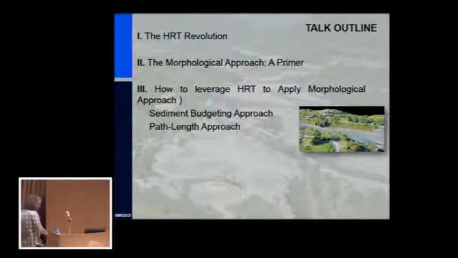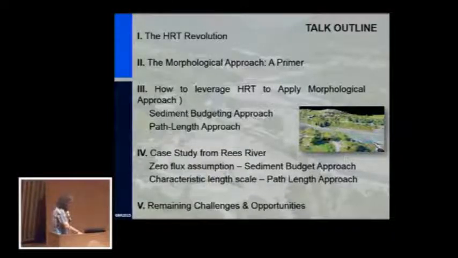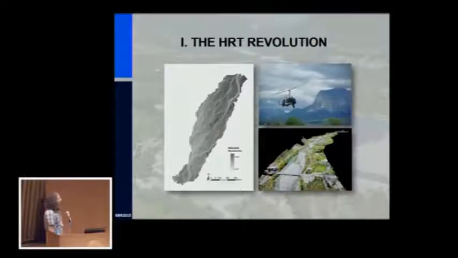We will review this very quickly later on. And we will show the application of high-resolution topography using the data set from the river. And finally, as I said, some remaining challenges and opportunities.